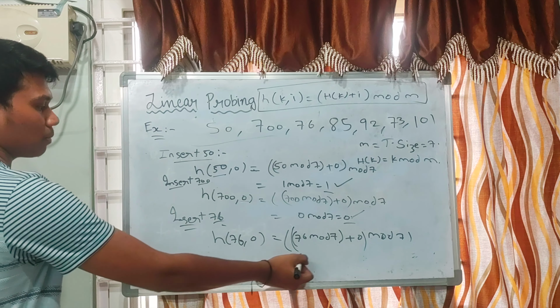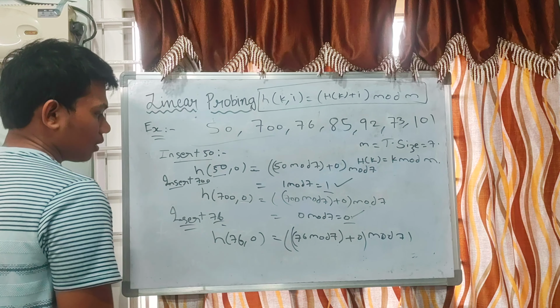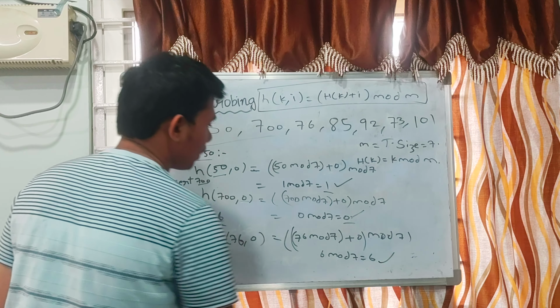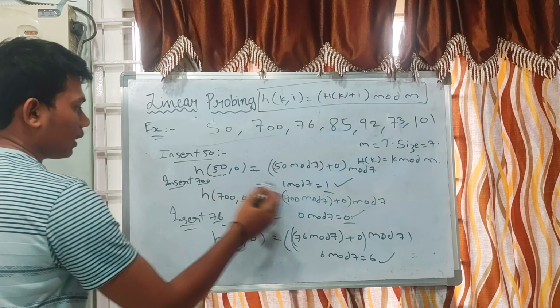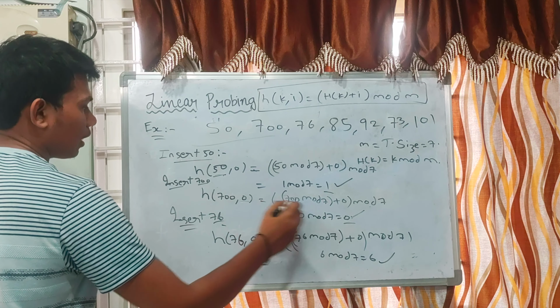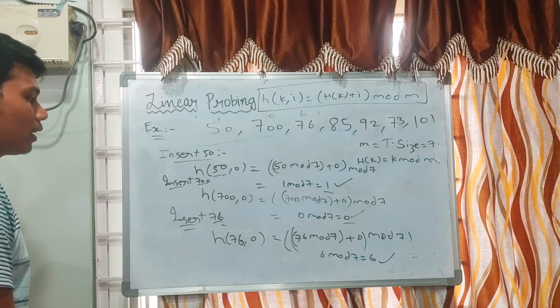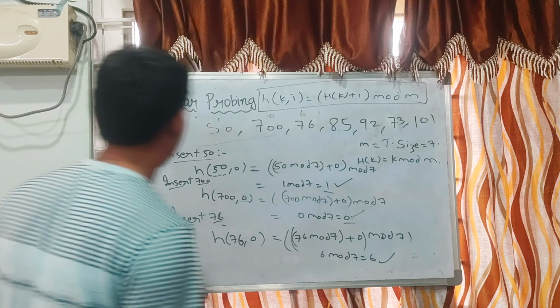As you know, 76 mod 7 is 6 and 6 mod 7 is 6. So we are placing the element 50 at 1, 700 at 0 and 76 at 6. Till now we did not get any collision. Let us insert the other elements.